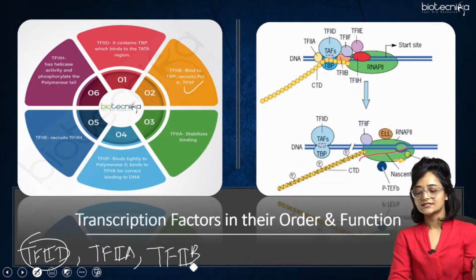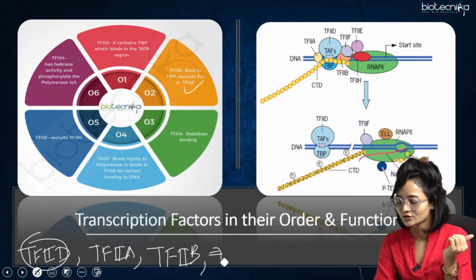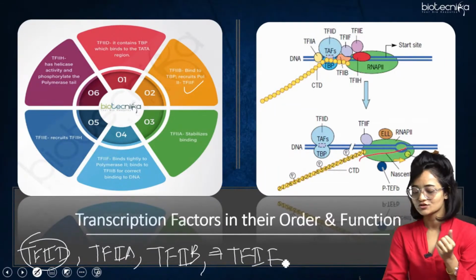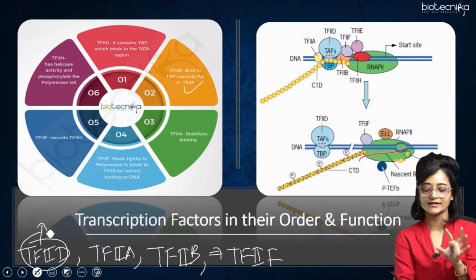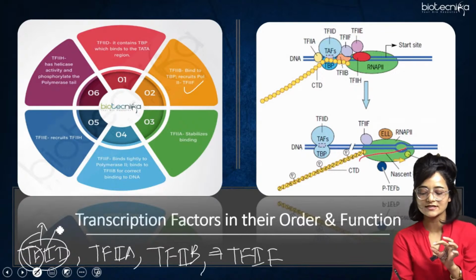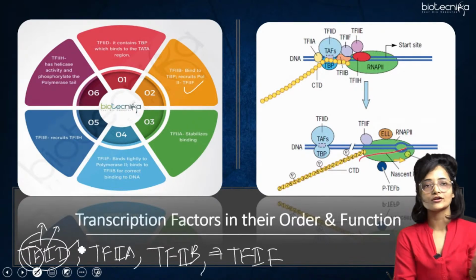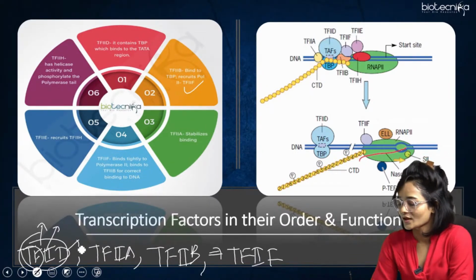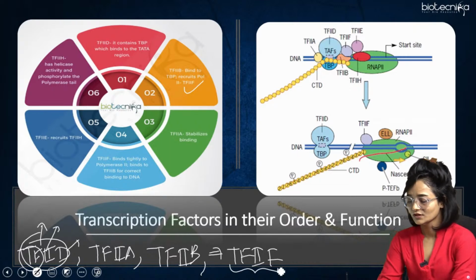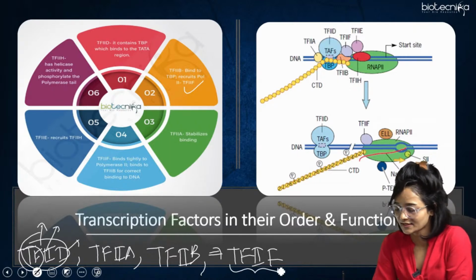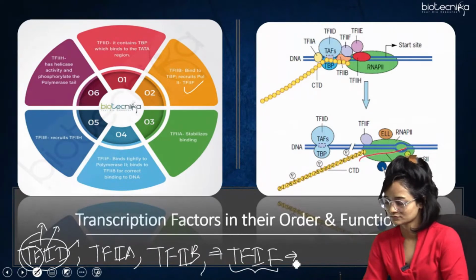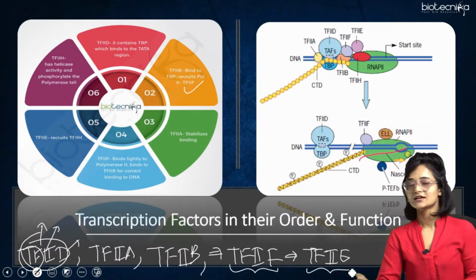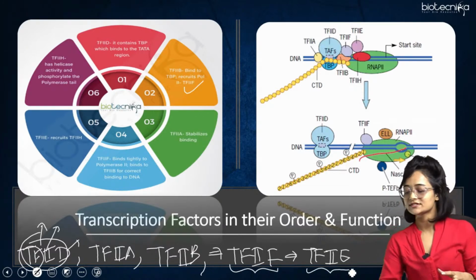This TF2B further helps in the recruitment of TF2F. In the nomenclature, TF is for transcription factor, 2 is for RNA polymerase 2, and the letter is the order in which the factors come. So TF2F comes, and after TF2F, it recruits TF2E. This TF2E further recruits TF2H.